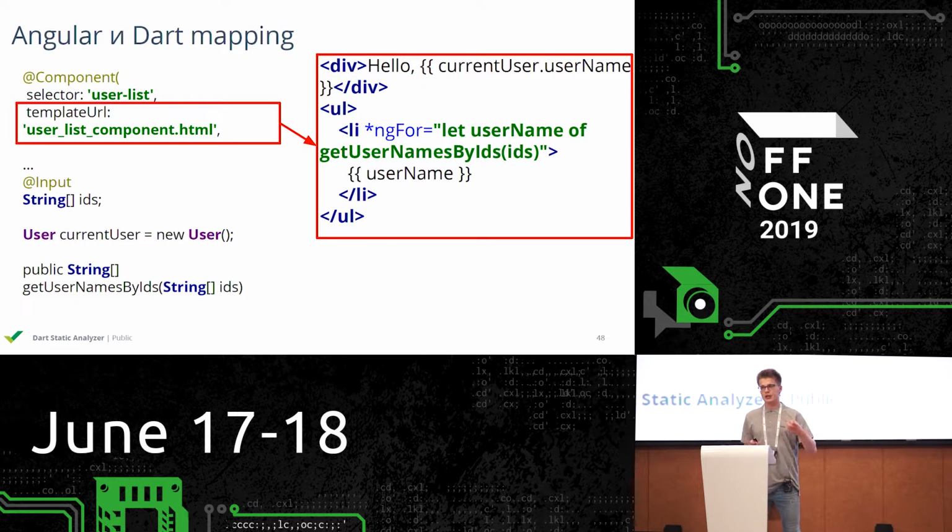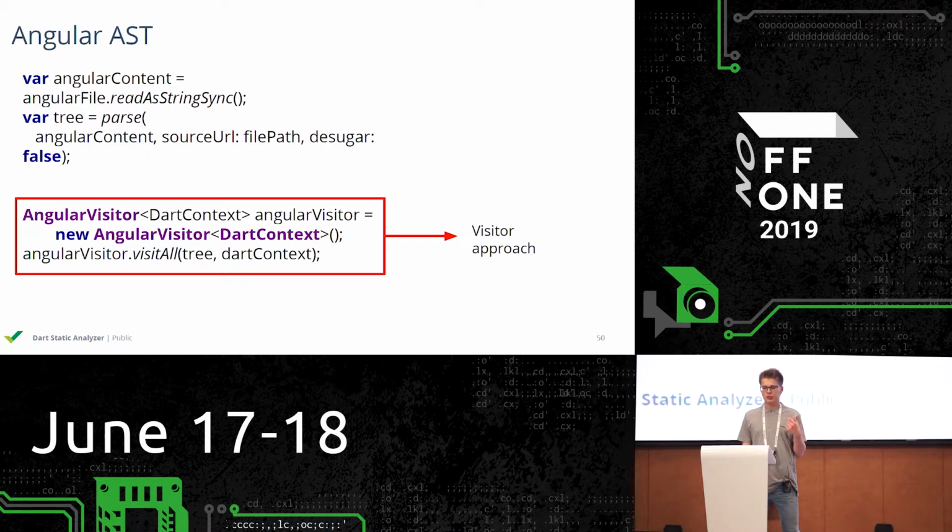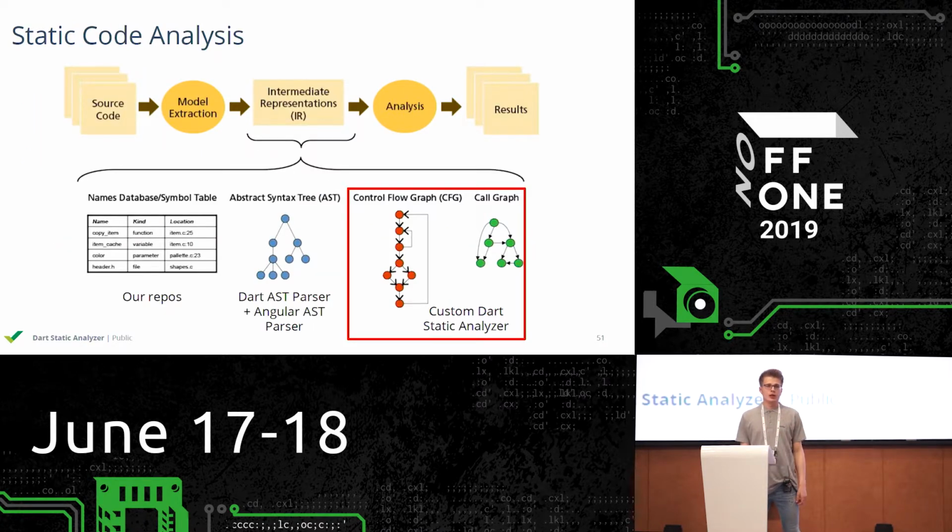We can do that because our Dart is based on components, and each component has a certain Angular template, and in each component there is a direct link to this very template, and you can just use this link, take the HTML of this template, and parse it with the Angular parser. And when the parser sees the import of a certain component, it will go to the right HTML and do the parsing, and then for Angular, you will be using exactly the same approach with visitors. You'll be going through each node and making a decision what to do with it.